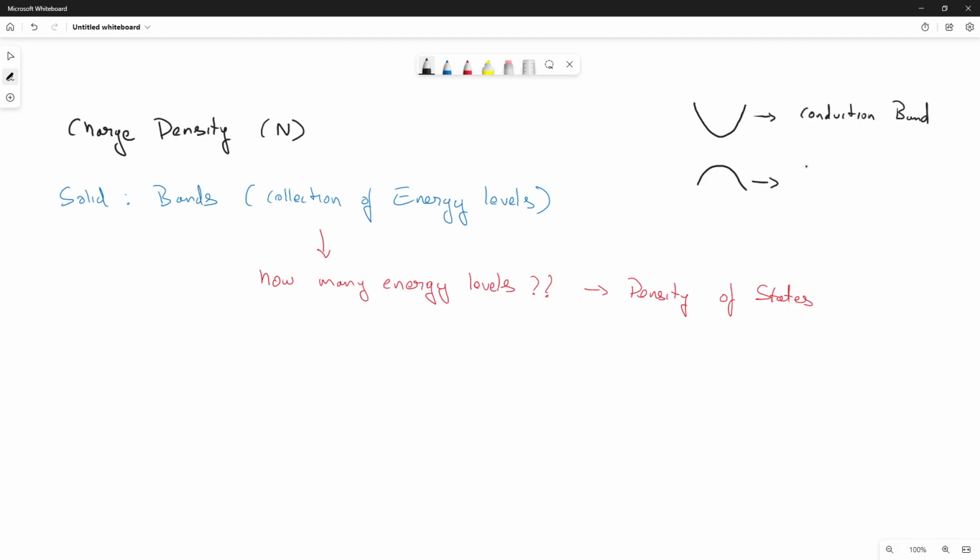Where are the electrons in a semiconductor? No, in a semiconductor in general, where are the electrons? In silicon, say. Where are most of the electrons?